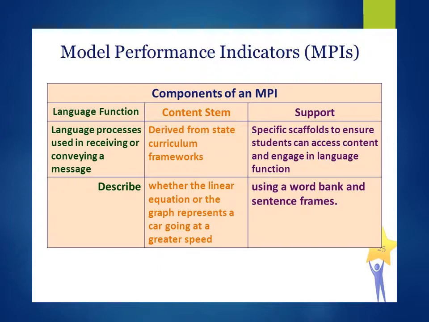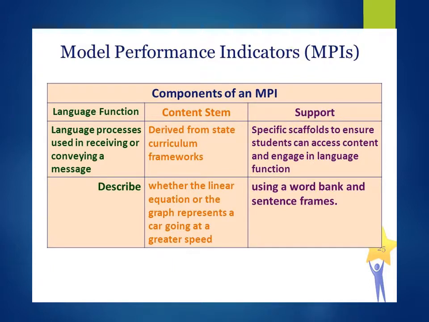This example would be from a math component of the Common Core, linear equations and graphs, okay, having to do with rates of speed. And then the third component, the support.